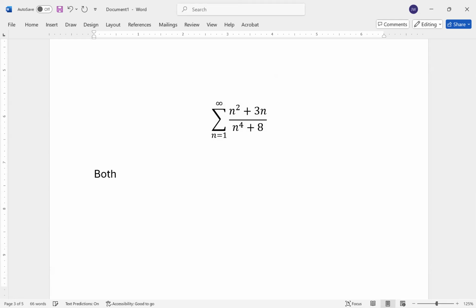So both denominator and numerator are the same order of growth. And in this case, that forces me to use a different type of test.